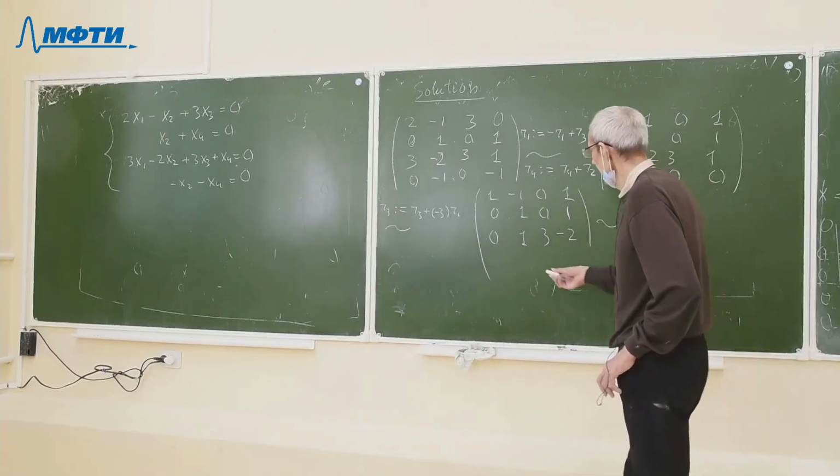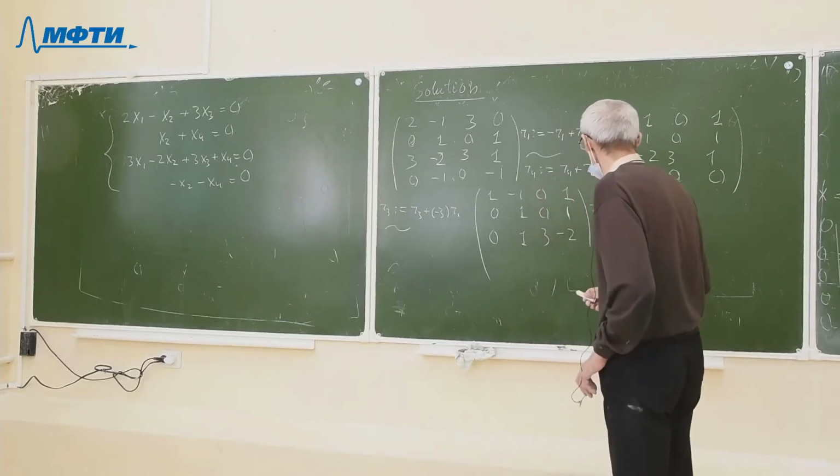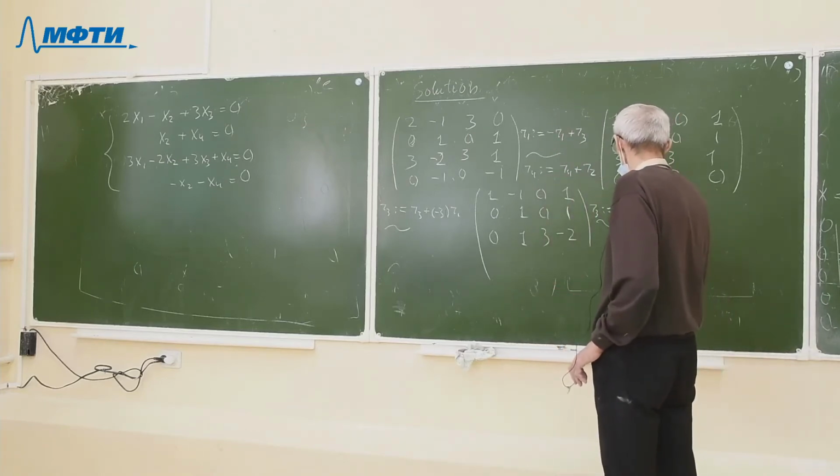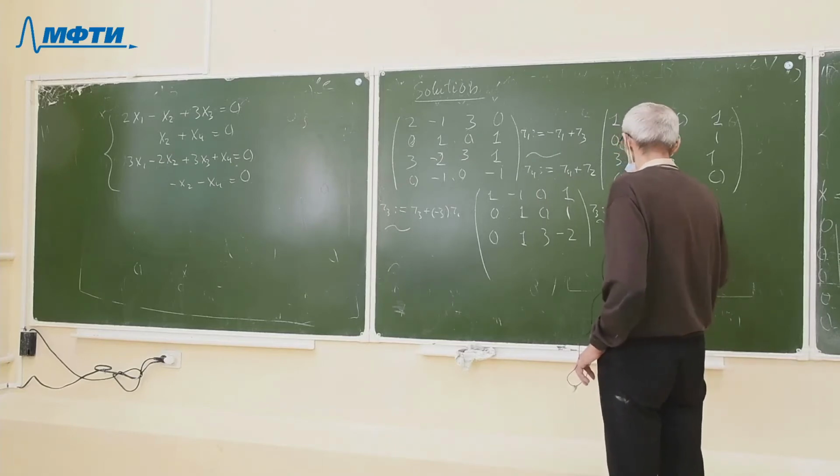The next step, add to the third row the second, multiplied by minus 1.